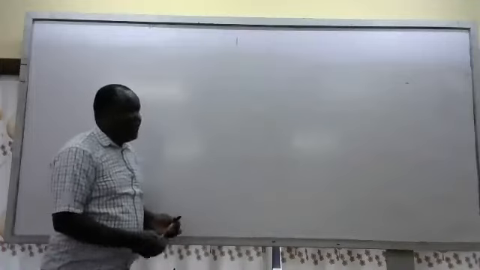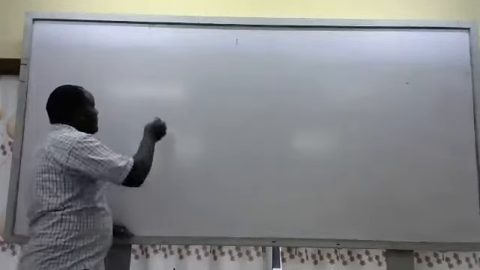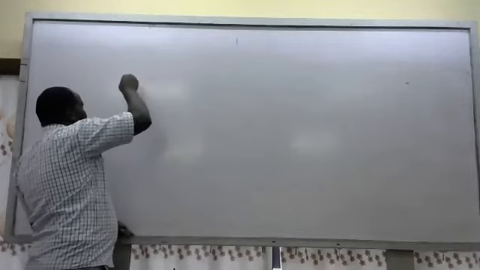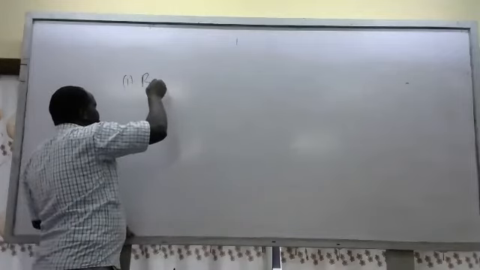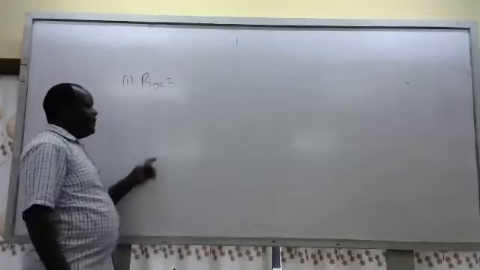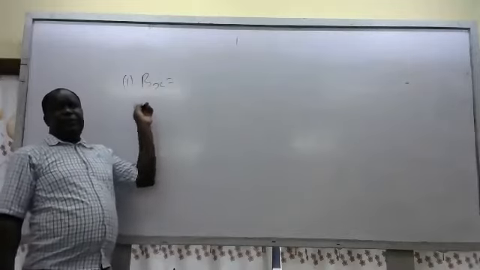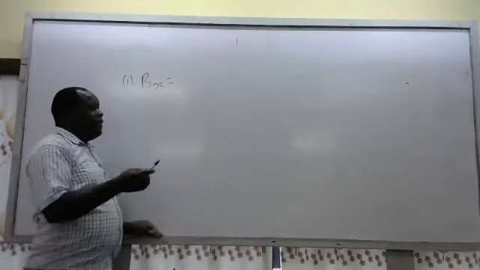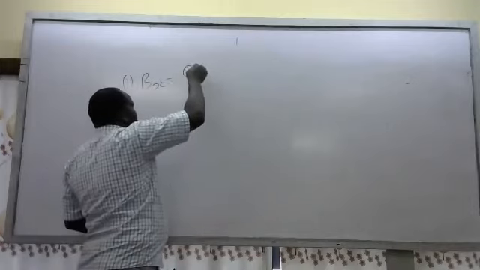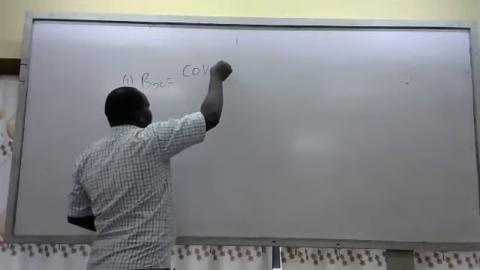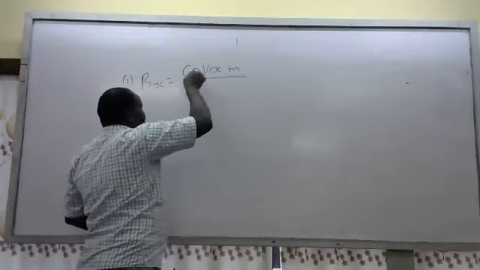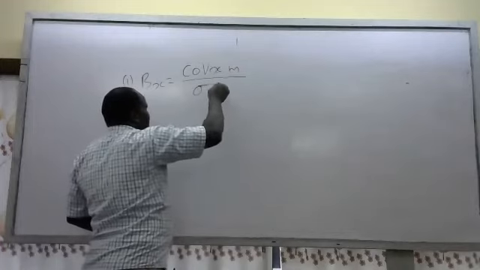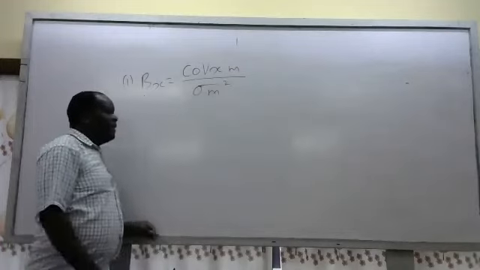So if you want to compute the beta factor, the first formula is that the beta factor for security X will be equal to the covariance between X and the market, divided by the variance of the market.